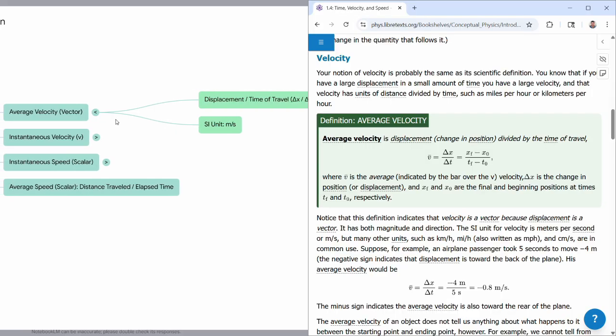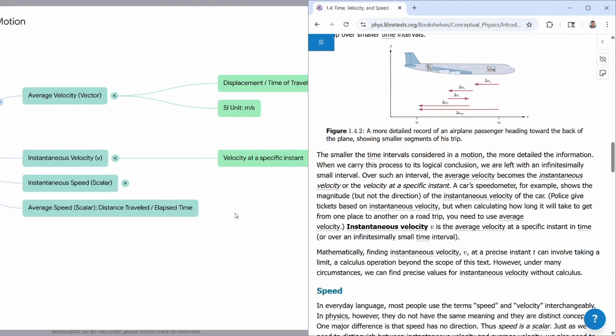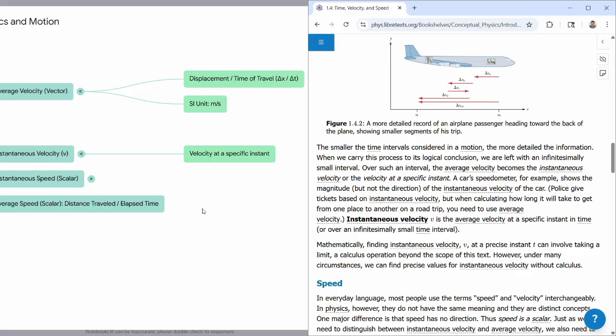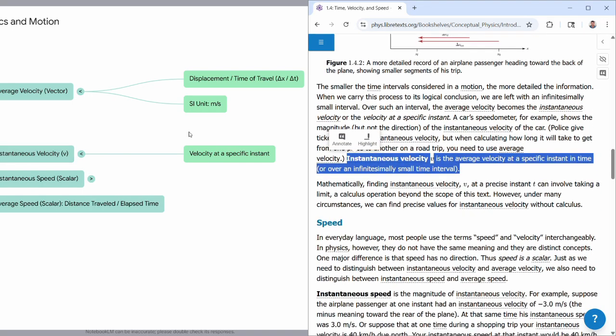And instantaneous velocity, this is an idea that we spend more time with in calculus-based general physics. Really, to go from average velocity to instantaneous velocity, that's where you need a calculus step of making this delta t infinitesimally small, very, very small.